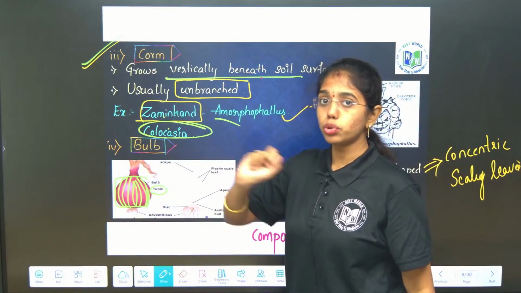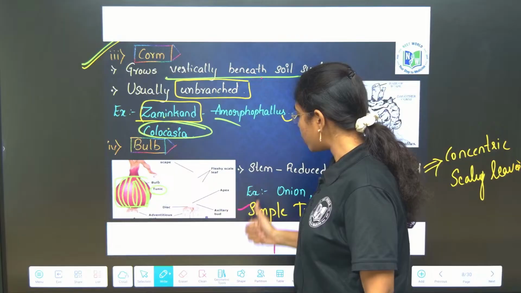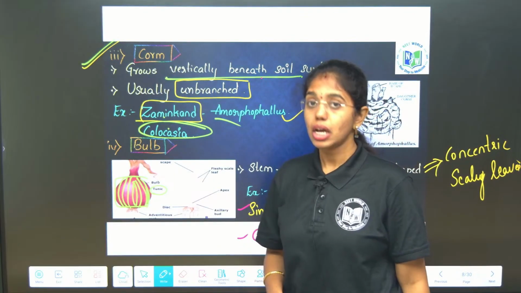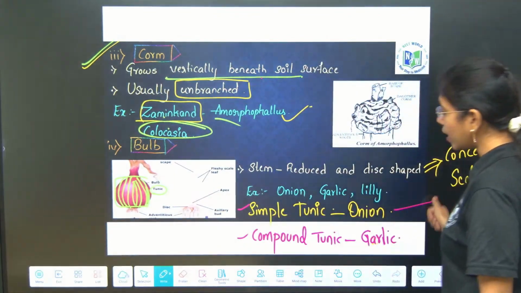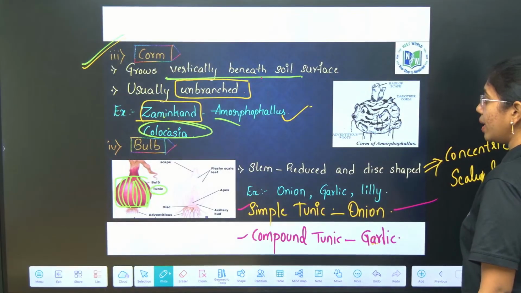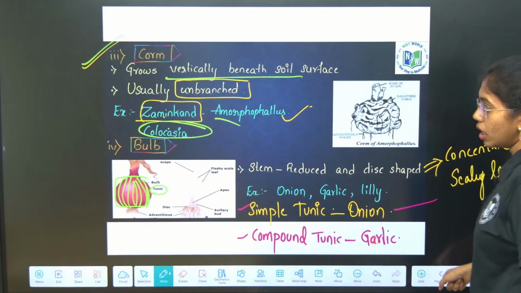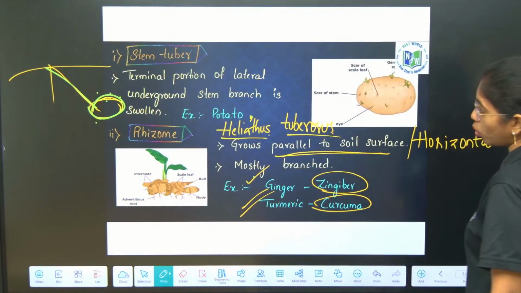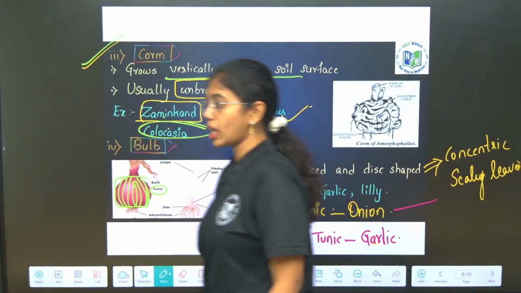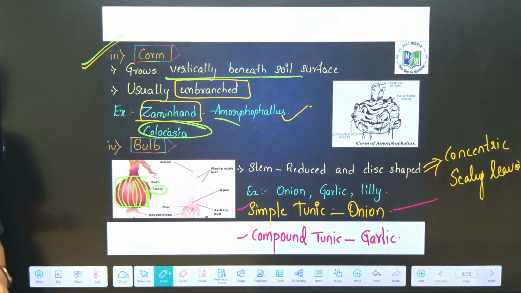We have two types of tunics: simple tunic, example onion, and compound tunic, example garlic. These are the four types of underground stem modifications. Just go through this in a single minute. If you have any doubt, you just ask me.